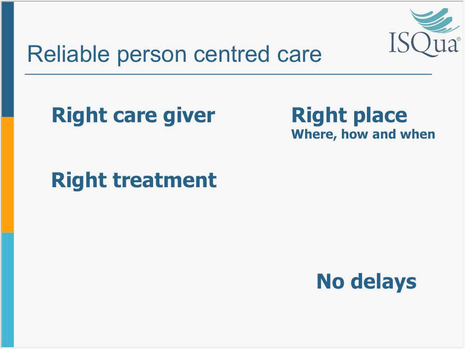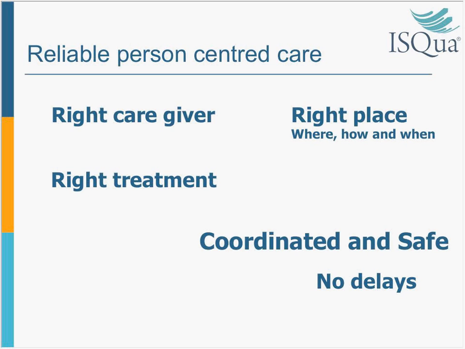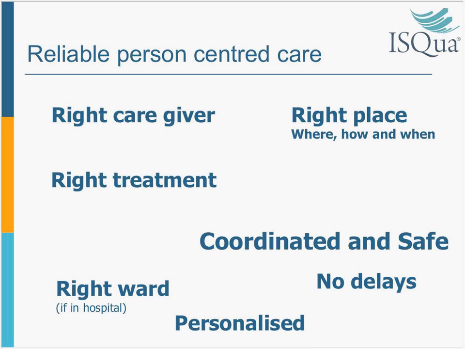You get the care when you need it, not when the system can deliver it. Care needs to be coordinated and safe. If in hospital, care needs to be in the right place, not in the wrong bed, which is often the case. And even standardized care should be personalized to the individual needs of the person. Now, this is really what person-centered care is about: getting it right all the time.